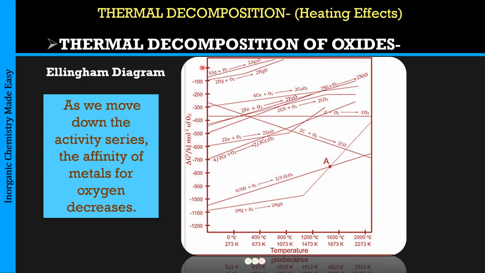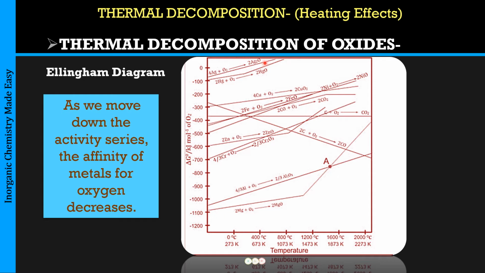And we all know that if the delta G values are negative, then the process is spontaneous. If they are positive, the process is not spontaneous. And this means that as we move along the y-axis, the tendency of the metal to combine with oxygen to form the metallic oxide is decreasing. And the reverse process is becoming more spontaneous, right?